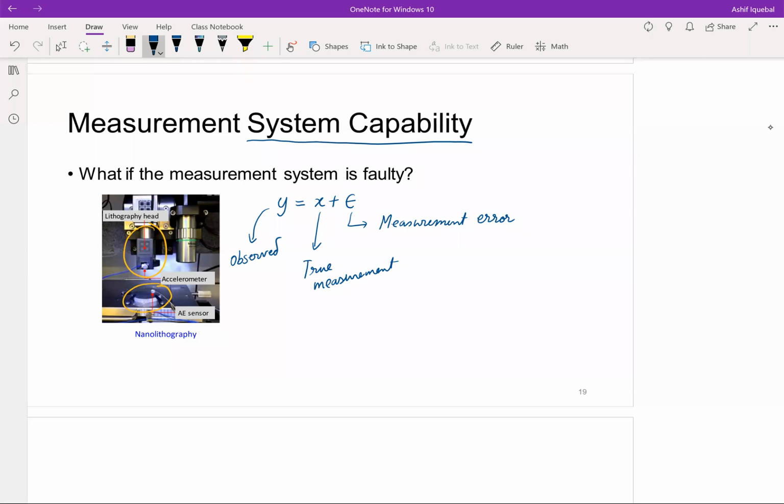So the total variance, sigma square Y, always equals sigma square X plus sigma square gauge. Sigma square Y is your total variance, sigma square X is your process variance, and sigma square gauge is your measurement variation.